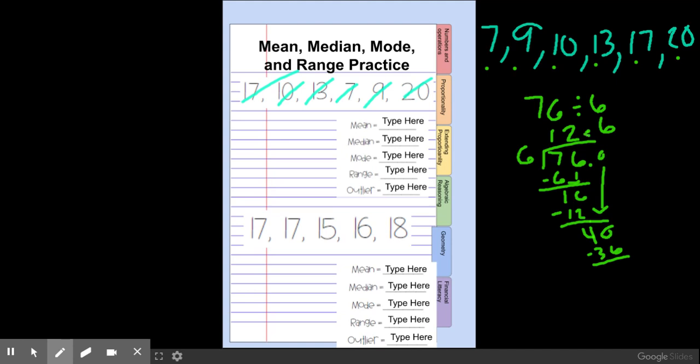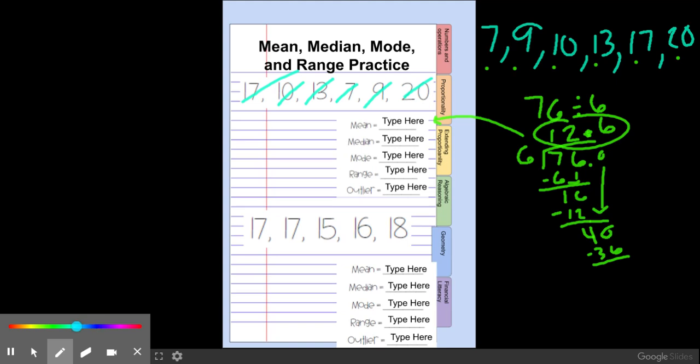And we can stop there after 1 decimal. The only reason we would have to keep going is if we're comparing two means, okay, but we can stop at 1 decimal. So our mean is 12.6.